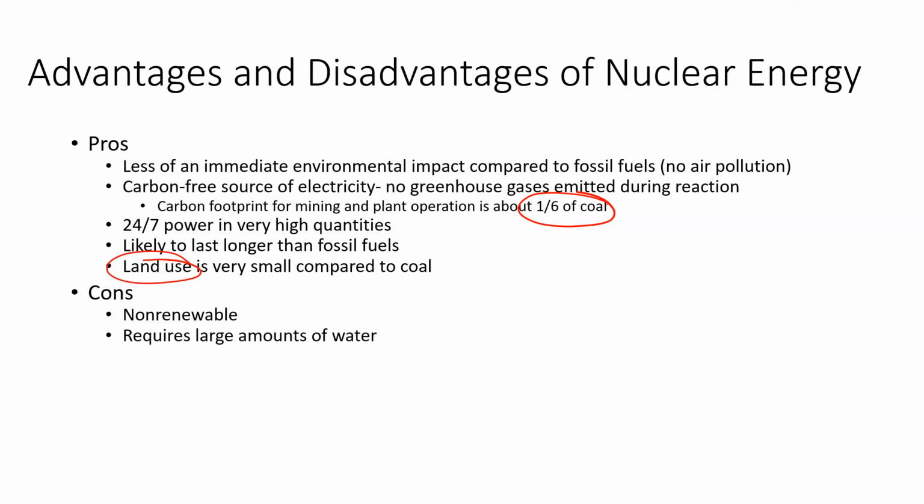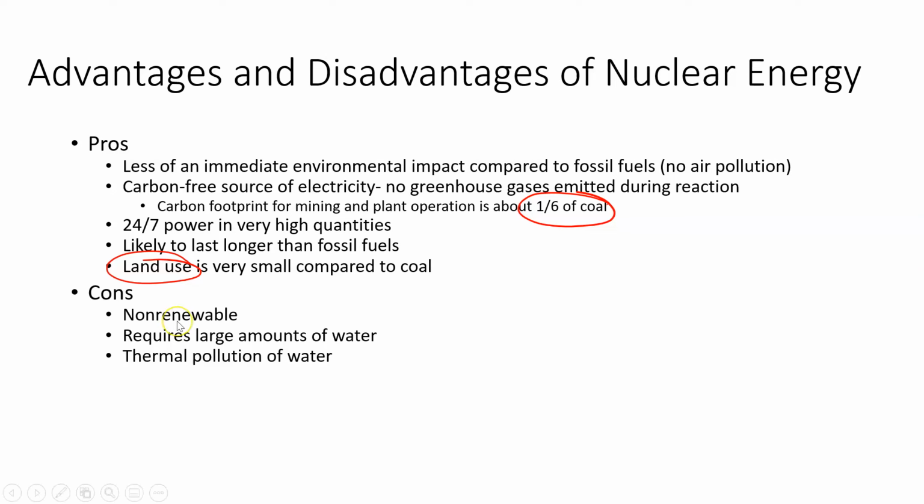It does require large amounts of water for cooling, and we end up with what's called thermal pollution. We use the water for cooling, but that water gets heated up in the process, and if that water escapes into the environment, it's not radioactive, by the way. It never touches radioactive material; it just cools through a heat exchange. But thermally polluted water has less dissolved oxygen in it, which is bad for fish.